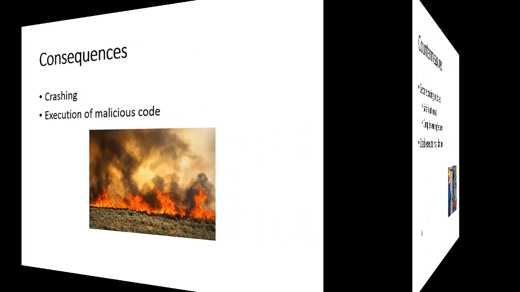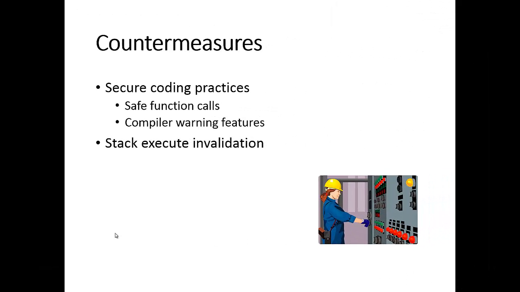So finally, there are ways to prevent buffer overflows from happening, and we call them buffer overflow countermeasures. These countermeasures can be, for example, something related to secure coding practices. When you're writing your source code, if you use safer function calls, that can definitely help reduce these buffer overflow problems.